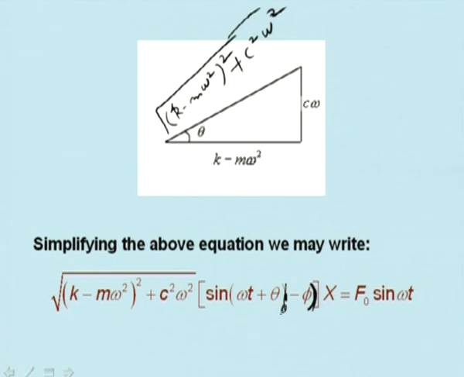So sin(ωt − φ + θ) is equal to F0 sin ωt. This expression we have obtained.